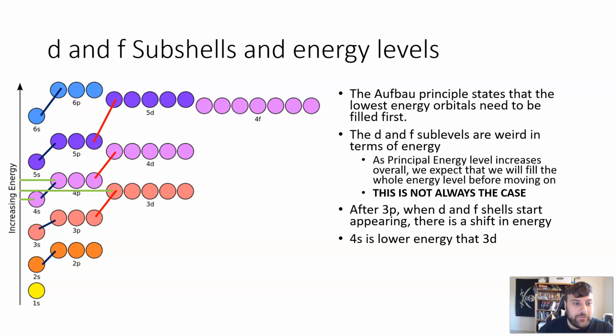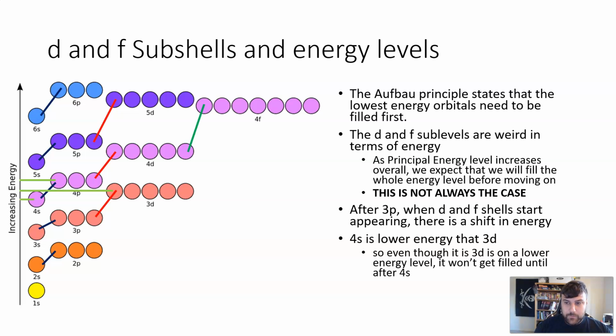As these atoms get bigger and bigger, and the configurations themselves get larger and larger, they will have these more bizarre jumps in energy. And we just kind of have to be cognizant of that. So, like I said, even though it is the D sublevel for energy level 3, 4s has a lower energy than 3d.